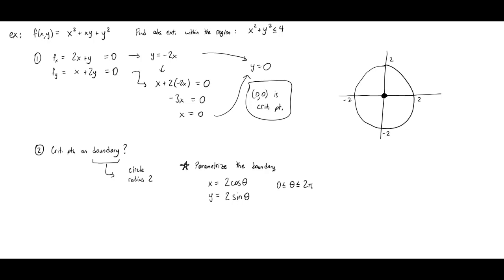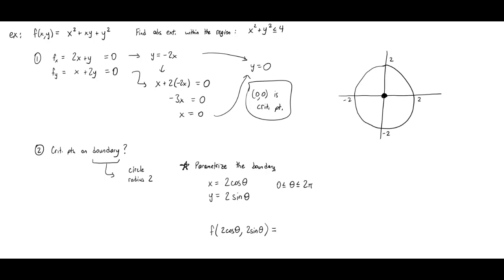Negative pi to pi or something else like that would also have worked, but let's just go with 0 to 2 pi. So once I parameterize the boundary, what I want to do now is plug my parameterization into my function. So f of x, y, all right?